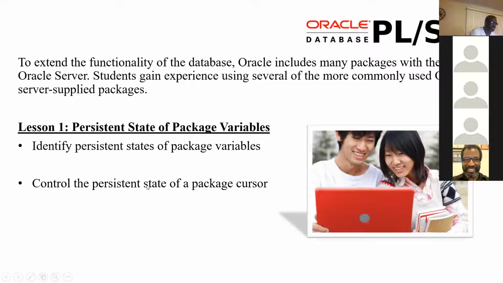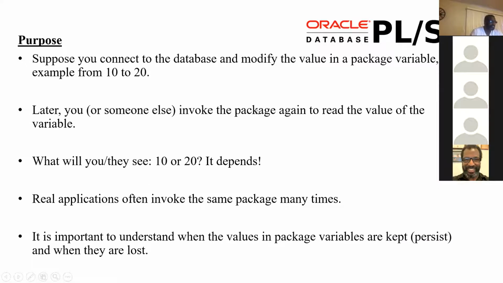So you'll be learning how to identify persistent states of package variables and control the persistent state of a package cursor, which is always fun. So the purpose of this is to connect to a database and modify the value in a package variable, for example, from 10 to 20.